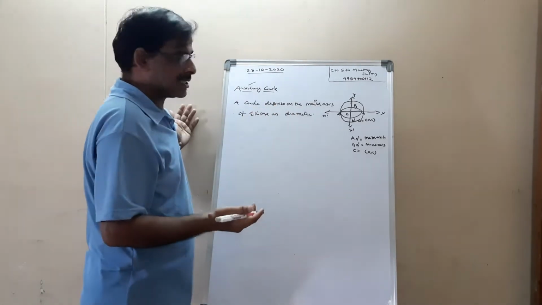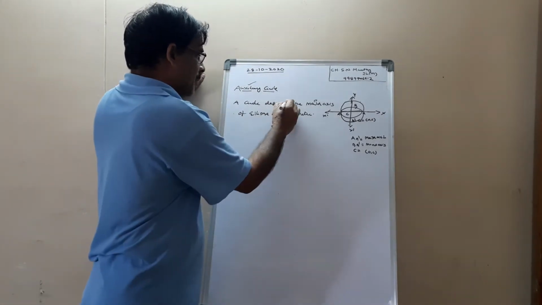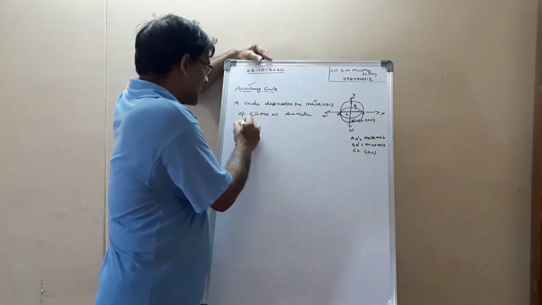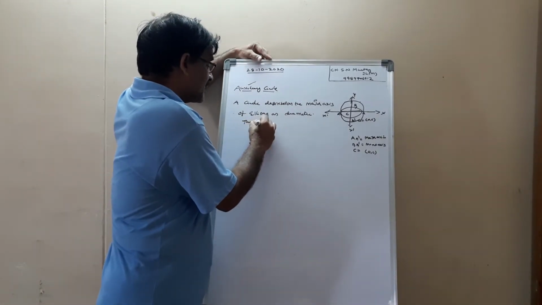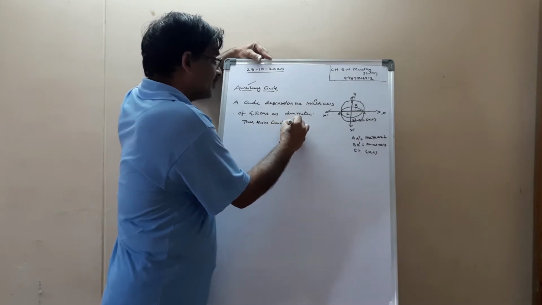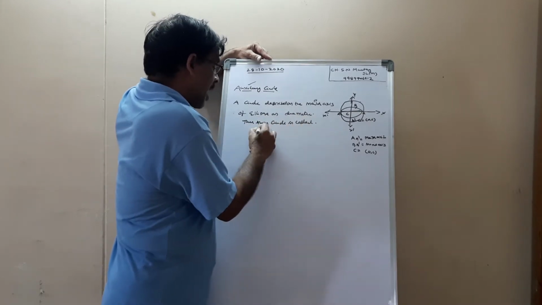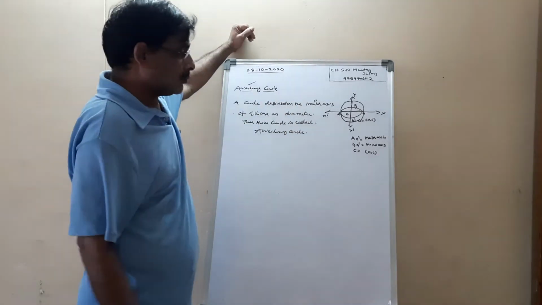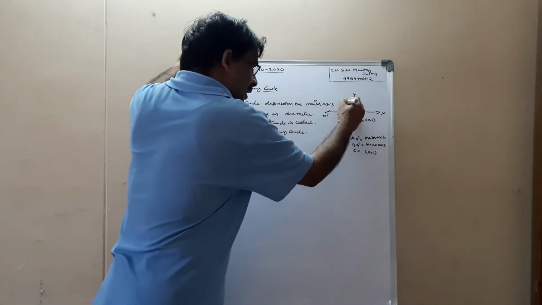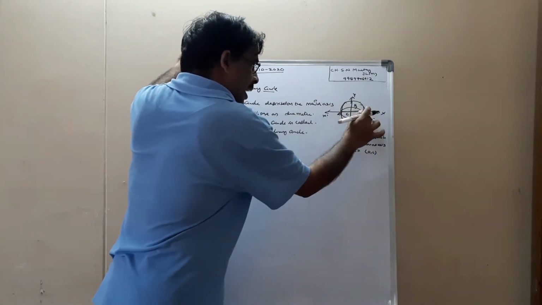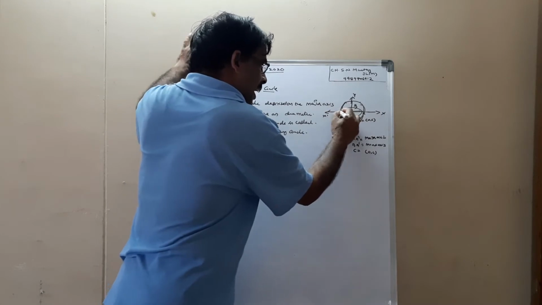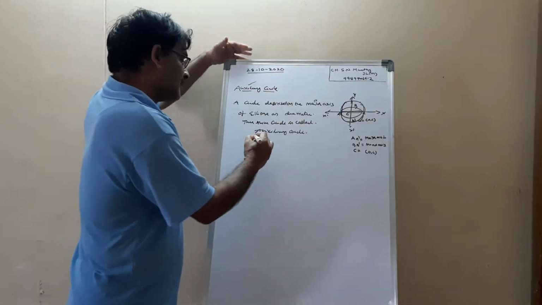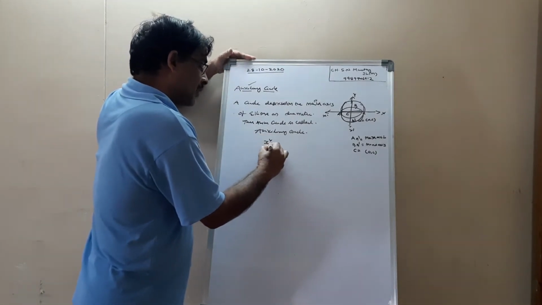Then that circle, described on the major axis of the ellipse as a diameter, such a circle is called an auxiliary circle. It means the circle is passing through the points A and A dash, and the diameter of the circle is A A dash.